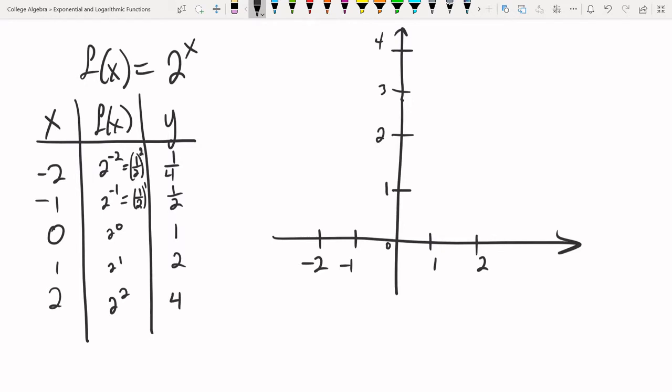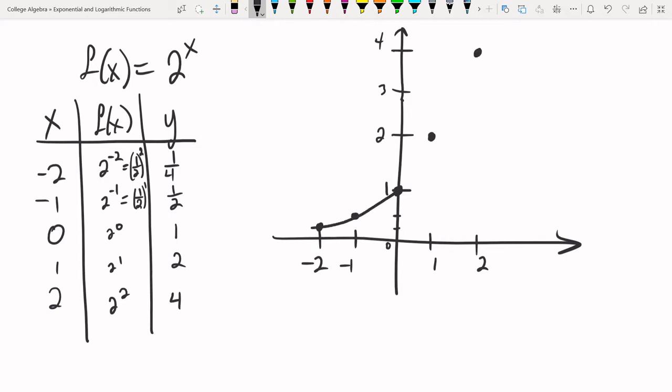So -2 goes to 1/4. Right here is 1/2. There's 1/4. So that's going to be right about there. -1 goes to 1/2. 0 goes to 1. 1 goes to 2. And 2 goes to 4.